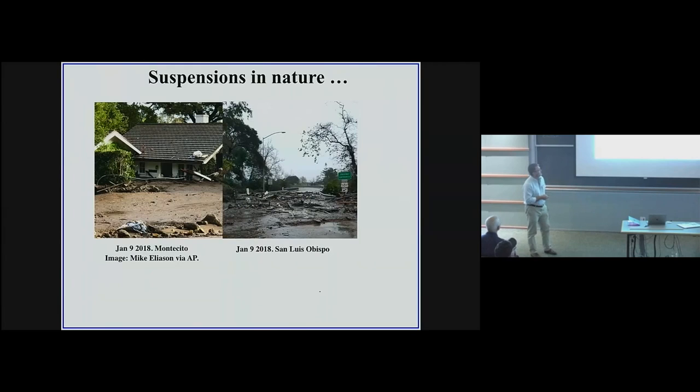You see also on the 101 that there's a similar mudslide. And you see that this is basically just a river of mud, so particles in fluid. And this was quite a disaster. And of course, if any of you were trying to get to this meeting before the highway was opened, it was quite an adventure.